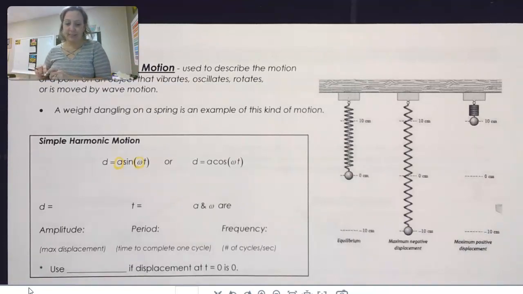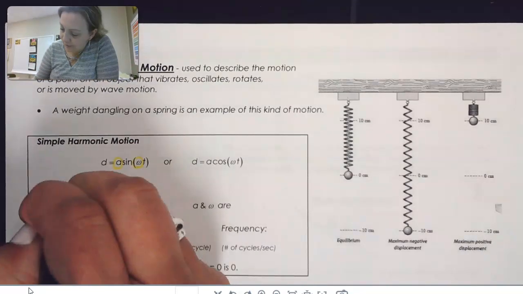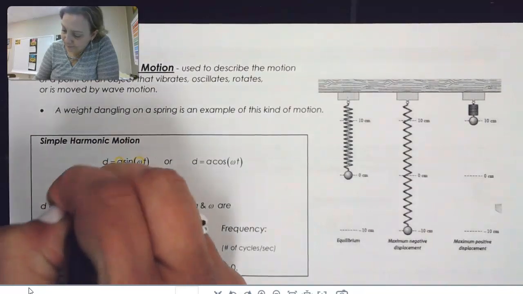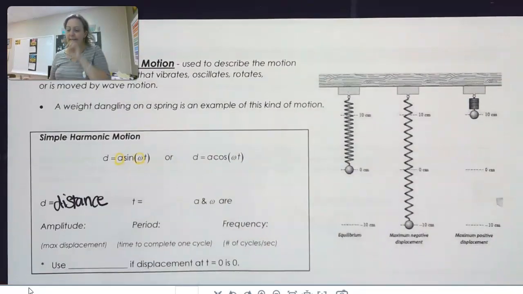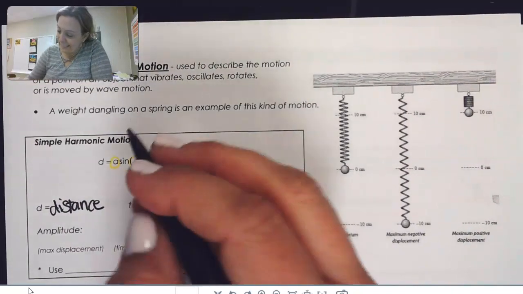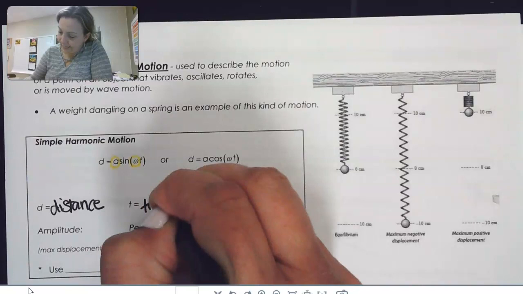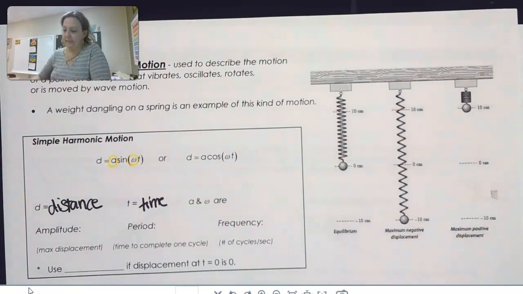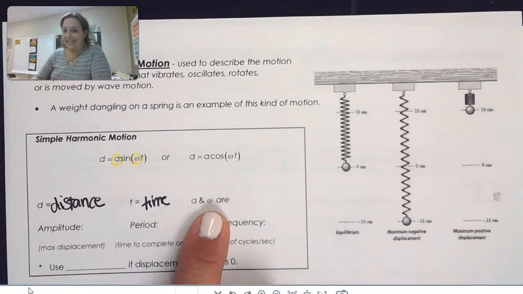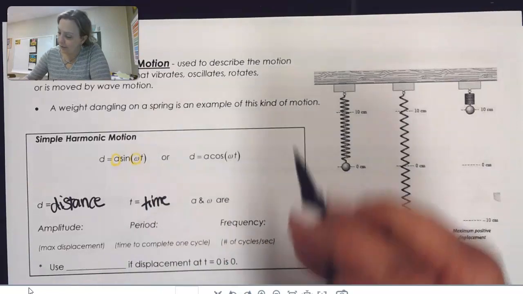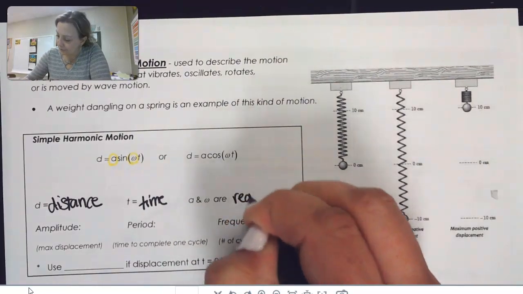D represents the distance that the object is at. T represents the time. And A and omega are real numbers.